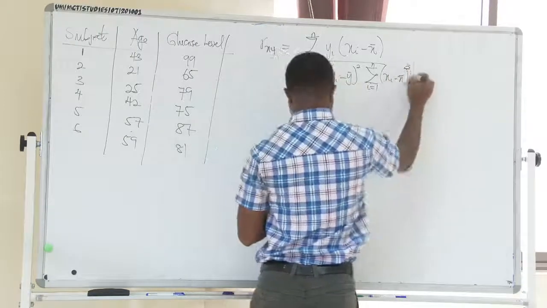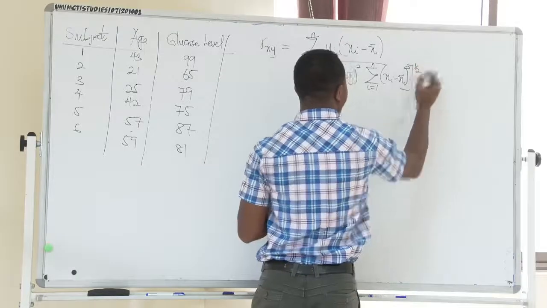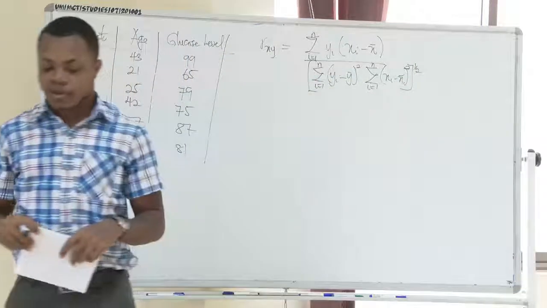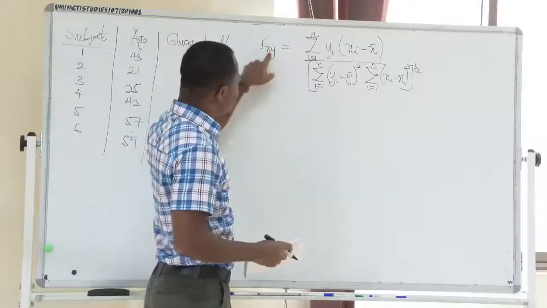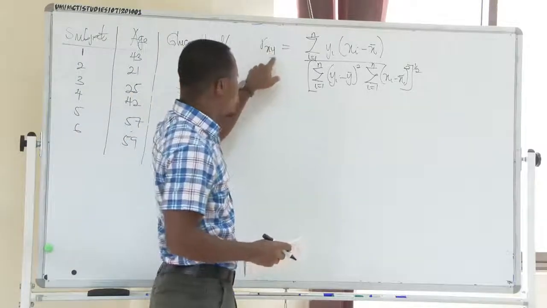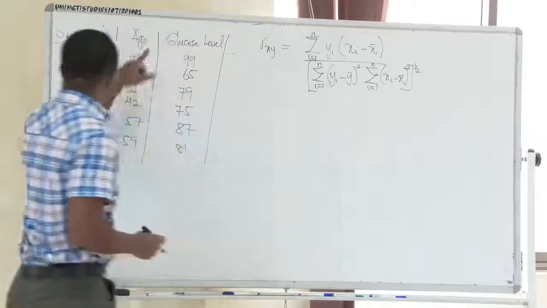Then remember all this is raised to the power half, which is the same as the square root. Okay? So based on this formula, x is referring to the first variable and y referring to the second variable.